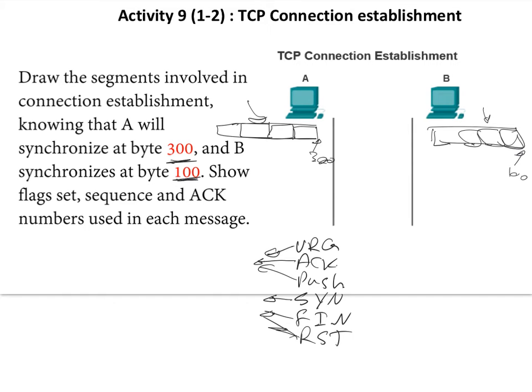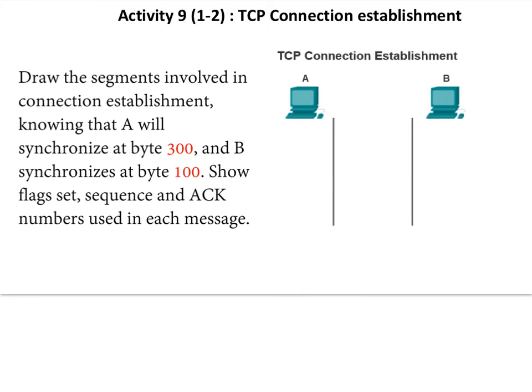So very quickly we want to establish the scenario for establishing or starting a connection. So typically what we need to do is write the sequence number for each segment and the acknowledgement, if it is an acknowledgement.